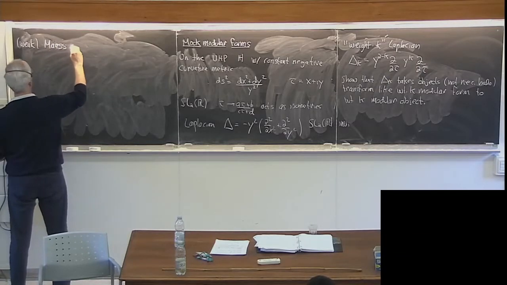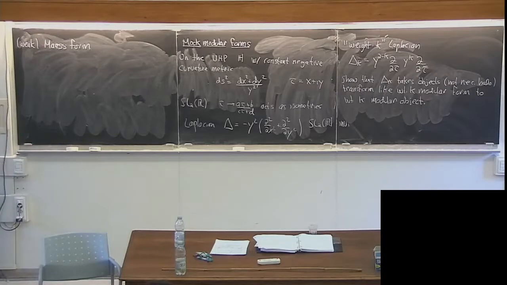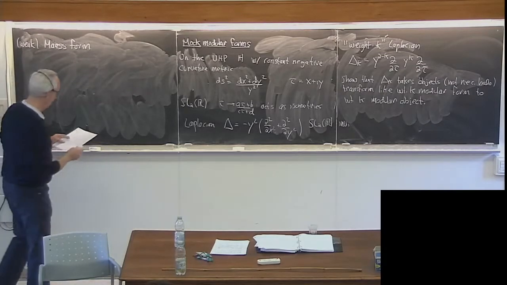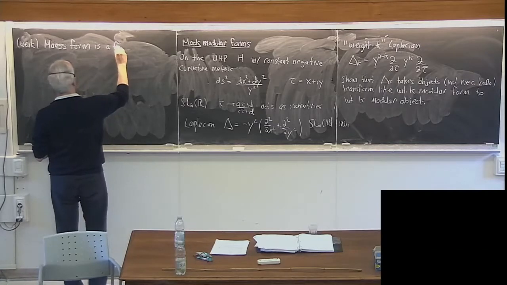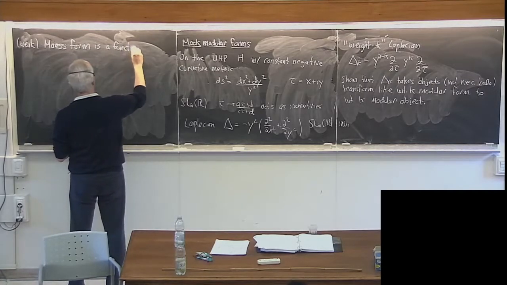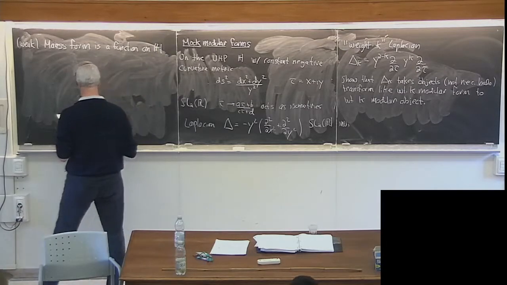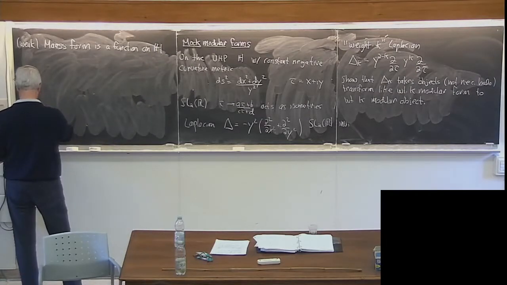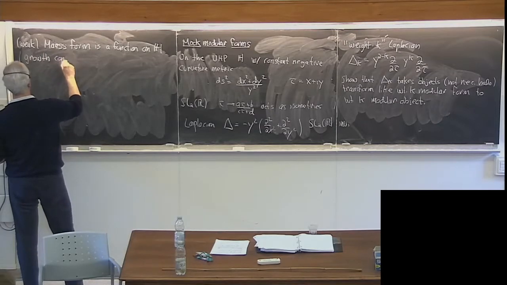So a mass form, or Moss form, I'm not quite sure how it's pronounced, it's the name of a mathematician, is a function on the upper half plane. I'm not going to go into quite full detail.